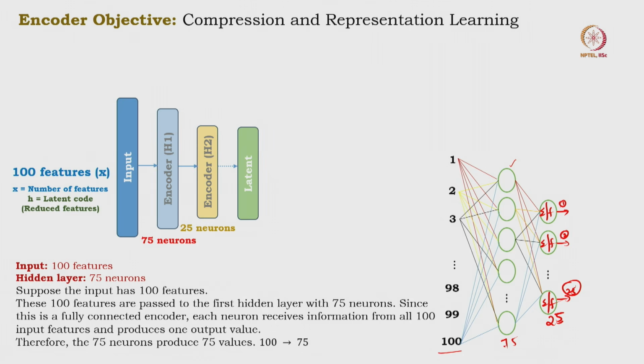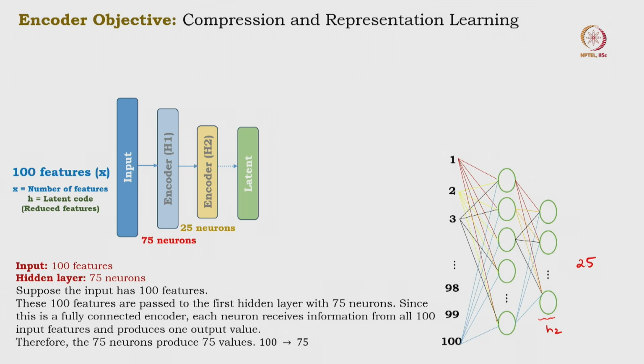The answer is no. Every feature is being passed, so that 75 is compressed down to 25. So towards the end of hidden layer 2, what will be the output? The output is 25. Do you all agree? Why 25? It is just an example to help you understand how the encoder works.